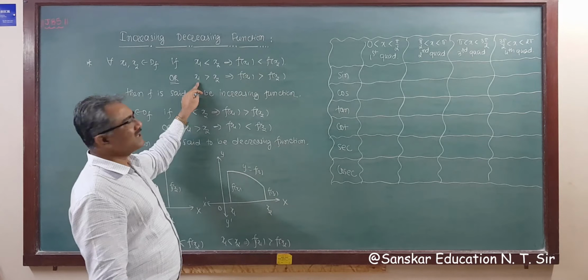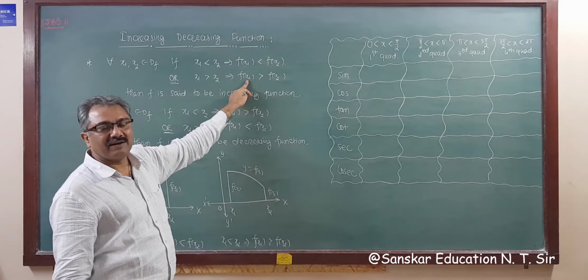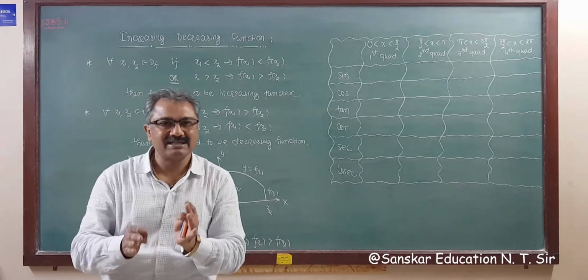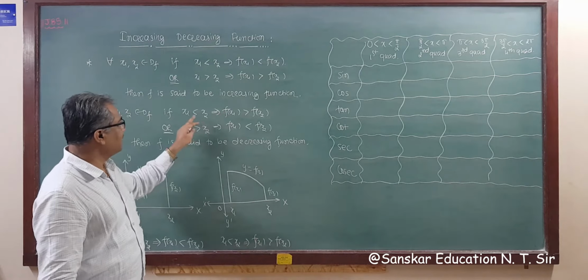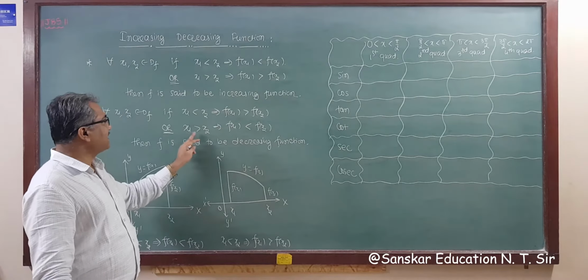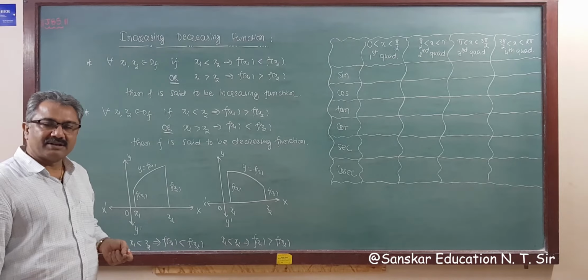See here, suppose x1 is greater than x2, then f of x1 is greater than f of x2, means the inequality remains the same, the function is an increasing function. And if the inequality changes, this less than becomes greater than and this greater than becomes less than, then the function is said to be a decreasing function, right?